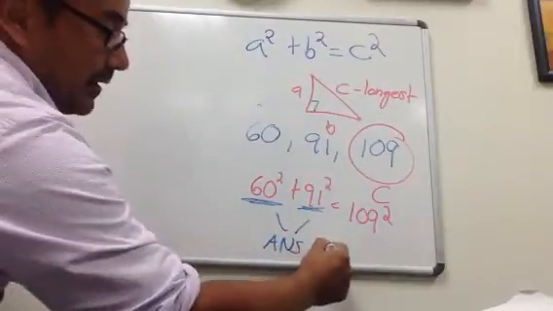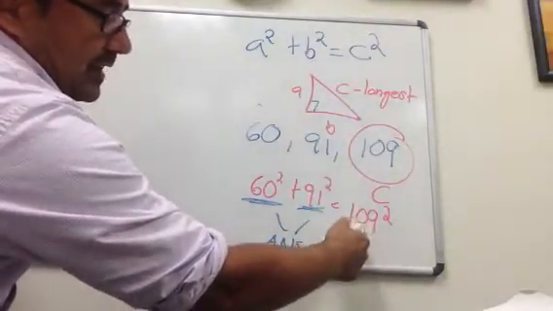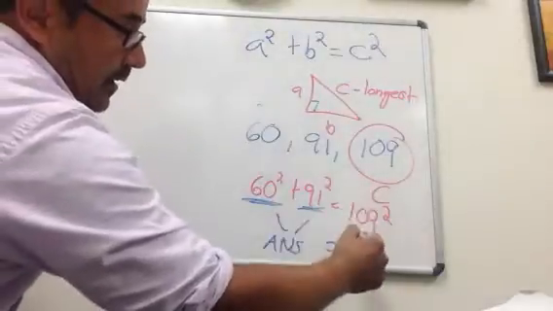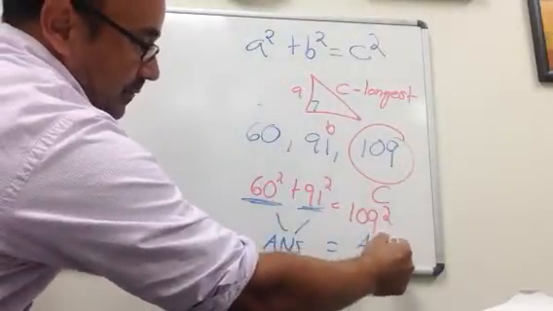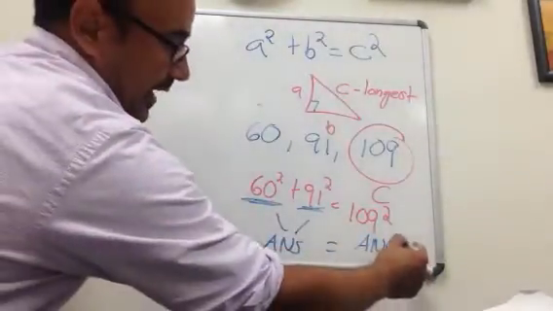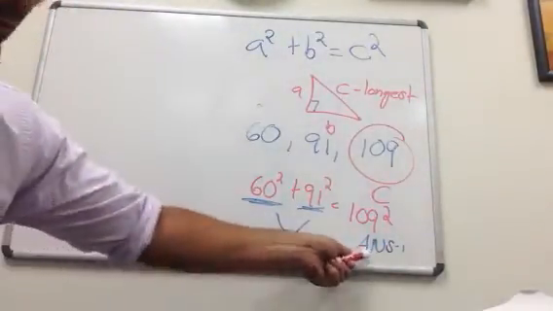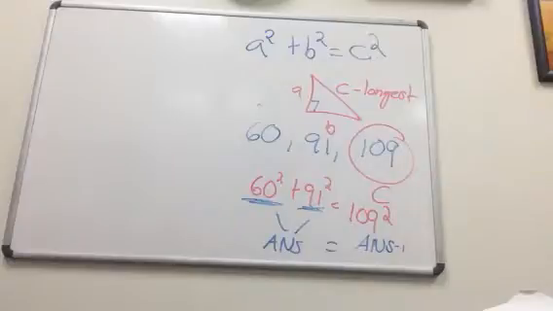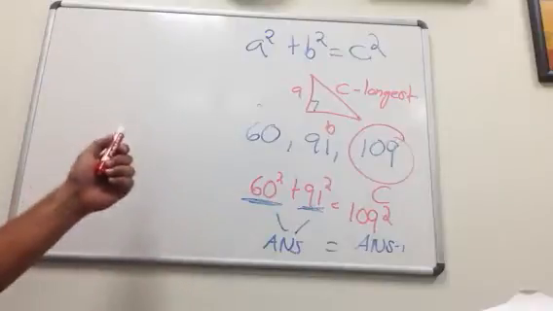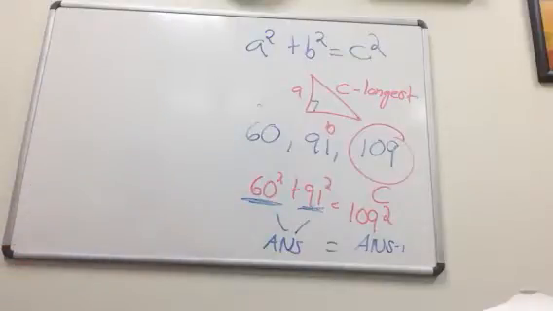And then compare it to this, 109 squared. That's going to be another answer. I'm going to call it answer 1. And if these two answers are the same, that triangle is possible and it does exist. Okay? Do the same thing with number 7 and do the same thing with number 8.